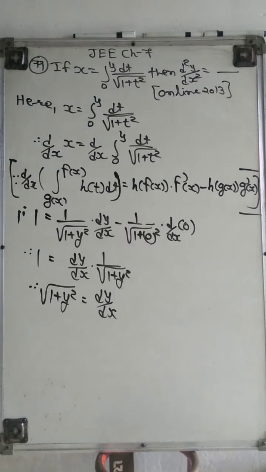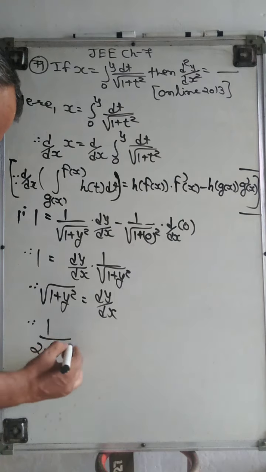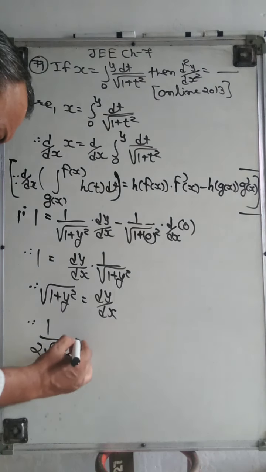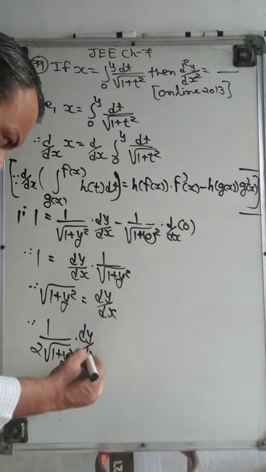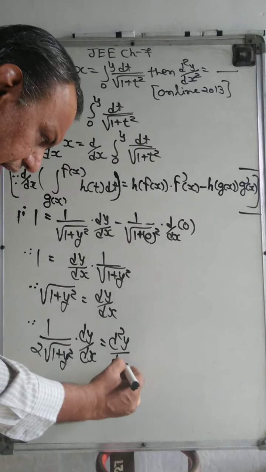Now we want to differentiate again. Then what we do? We just differentiate this term. We get 1 upon 2 root 1 plus y square into 2y into dy upon dx is equal to d square y upon dx square.